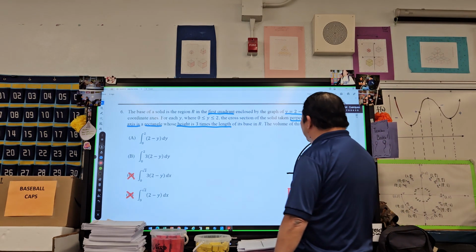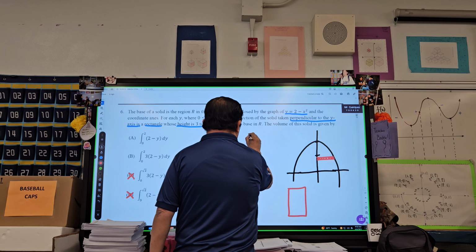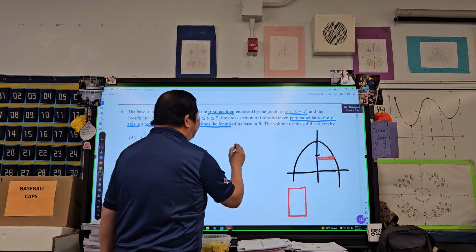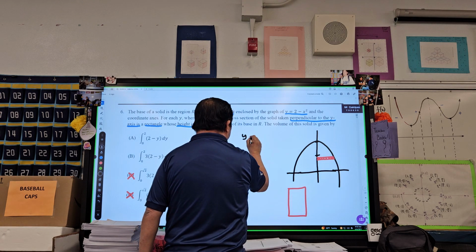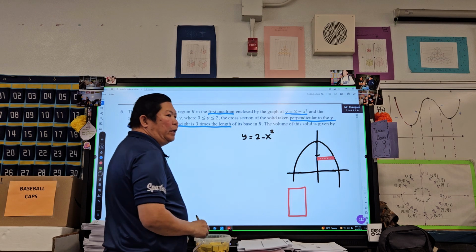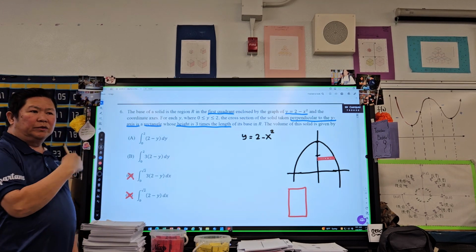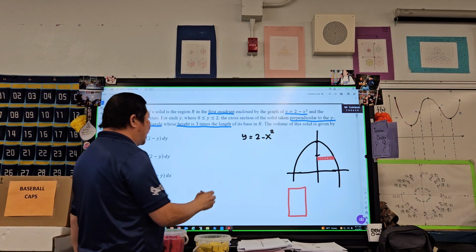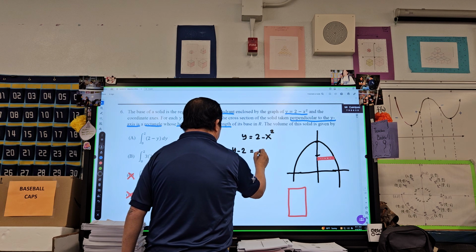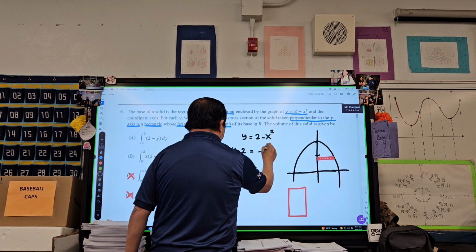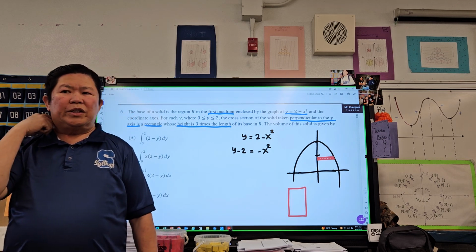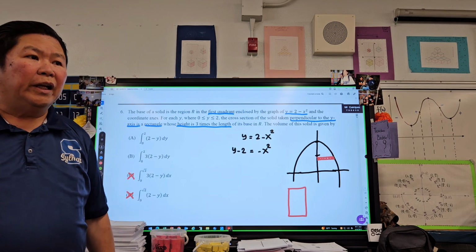So by solving for x, from y equals 2 minus x squared, right? And then what do we do with that 2? Move it to the left side. So y minus 2 is equal to negative x squared. So what do we do now? We divide both sides by negative.